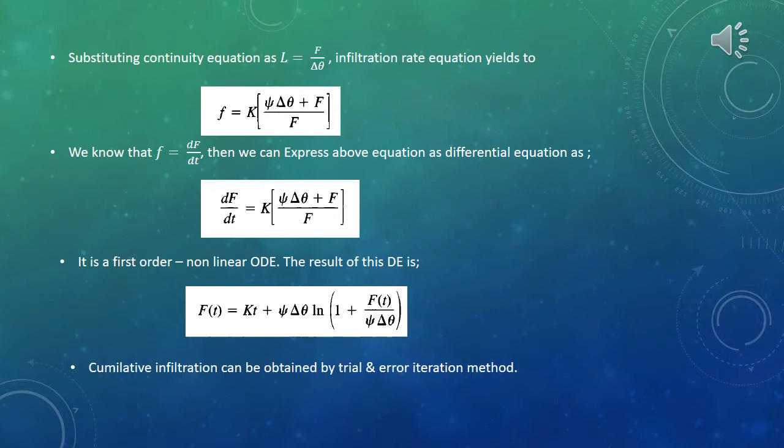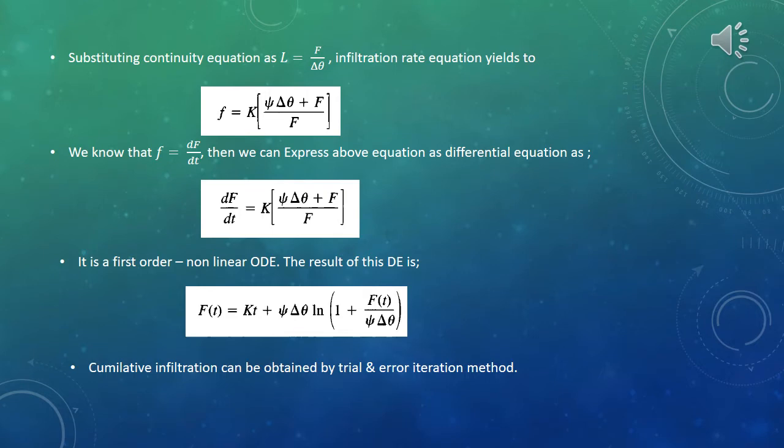When we apply L is equal to F over delta theta, we end up with the infiltration rate equal to K times (psi delta theta plus cumulative infiltration F) over cumulative infiltration F. We know that the infiltration rate is the first derivative of cumulative infiltration with respect to time.